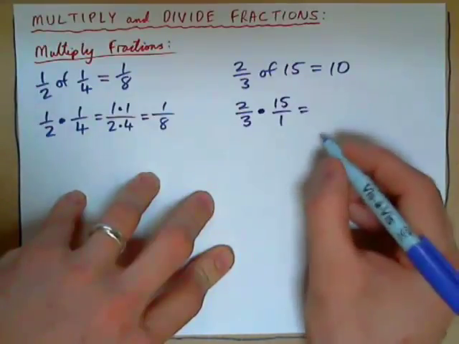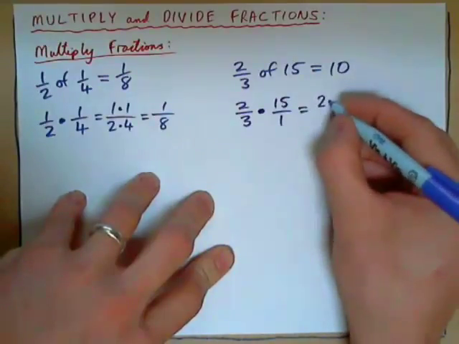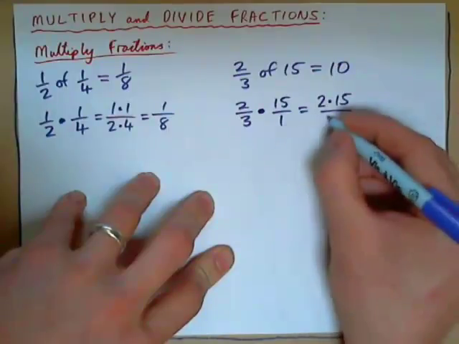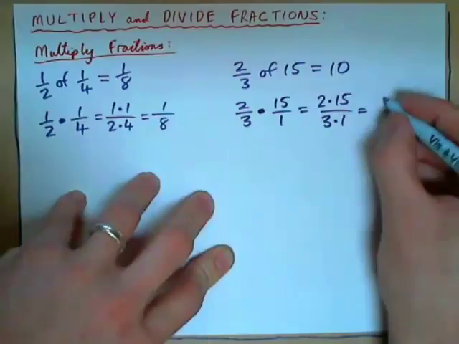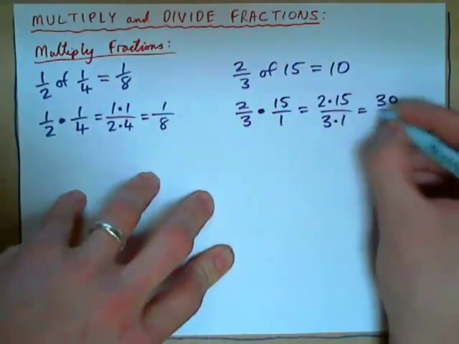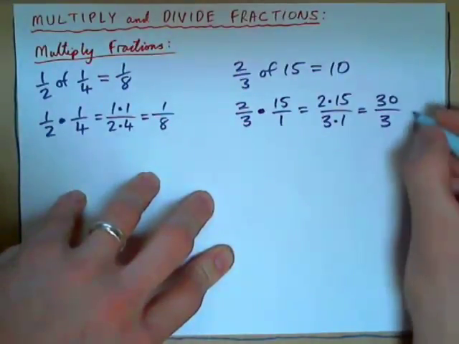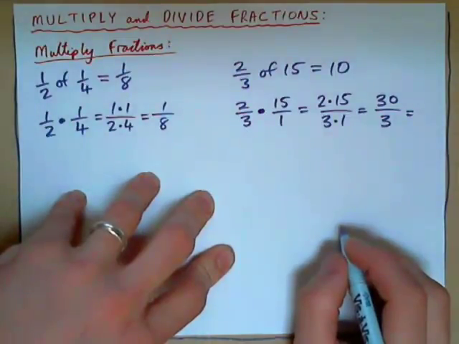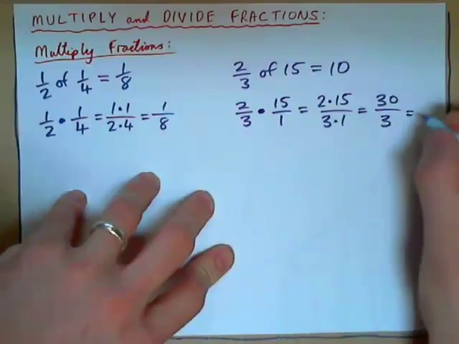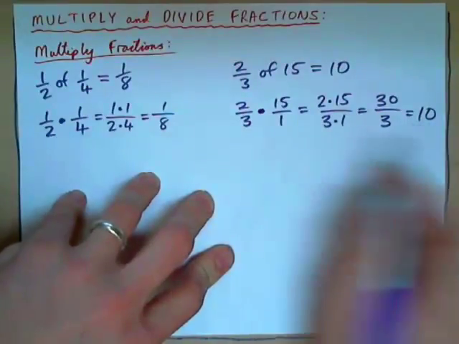If we multiply the tops, 2 times 15, over, and then multiply the bottoms, 3 times 1, we get 2 times 15 is 30, 3 times 1 is 3. And write down the answer, 30 divided by 3, $10, right? So it does work.